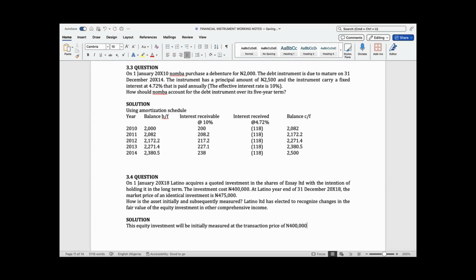So subsequently, which is at the end of the year, subsequent measurements will be at fair value through other comprehensive income.